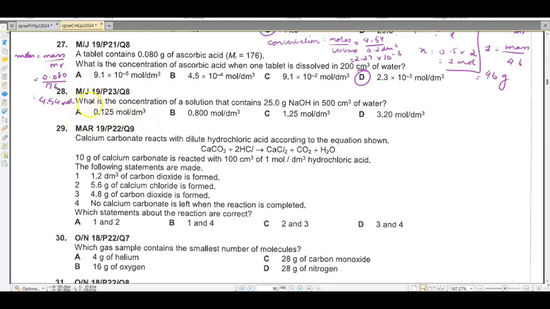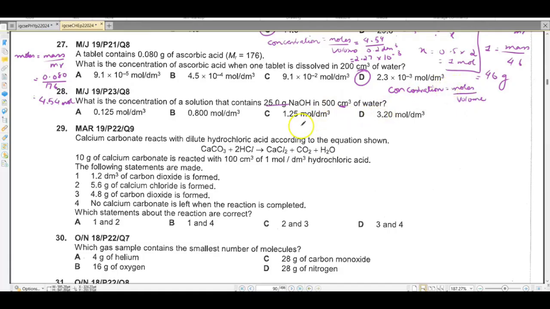Okay. Question number 28. What is the concentration of a solution that contains 25 grams of NaOH in 500 centimeter cubes of water? So again we have a question related to concentration. I've just told you the formula for concentration is moles per volume. So we have the volume, but we don't have the moles.